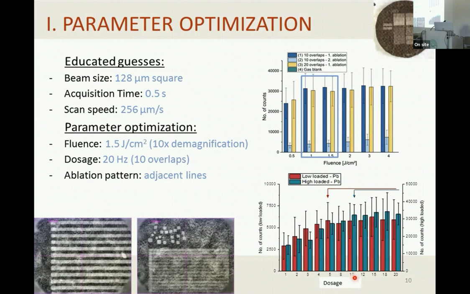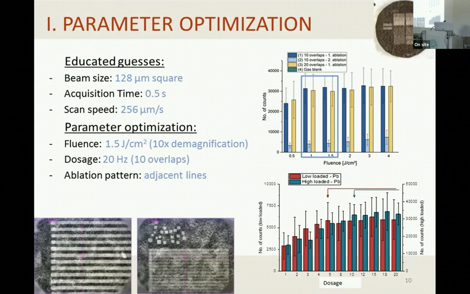So above dosage 10, all the particles are ablated from the filter. That's why we chose 10 overlaps as a sufficient dosage for ablating all the material.